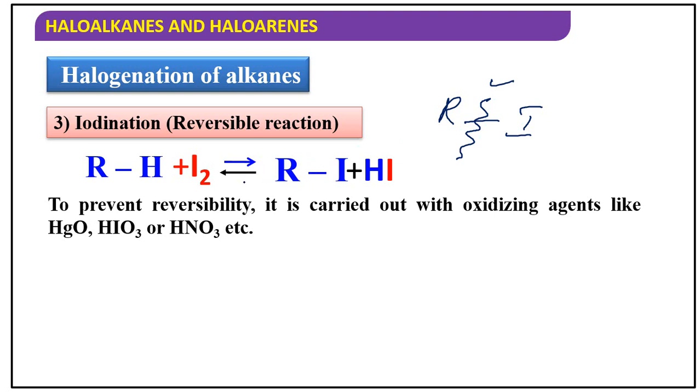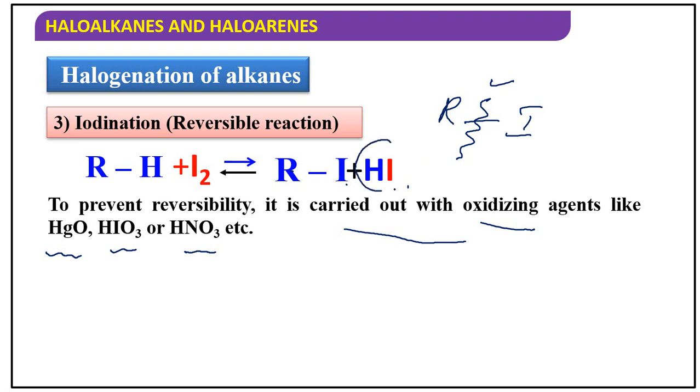To prevent this reversibility, it is carried out with oxidizing agents like mercuric oxide, HIO3, HNO3. What will these reagents do? Whenever iodination happens, RI and HI are forming.